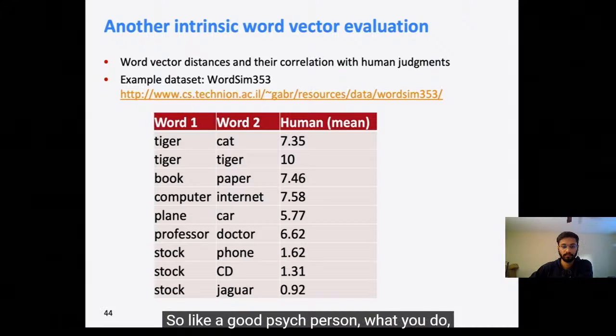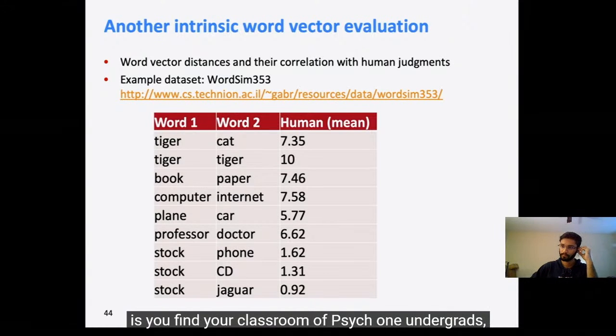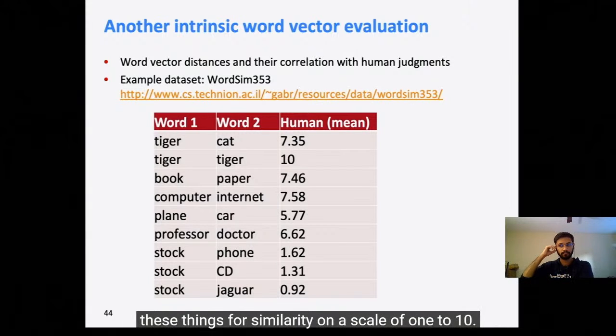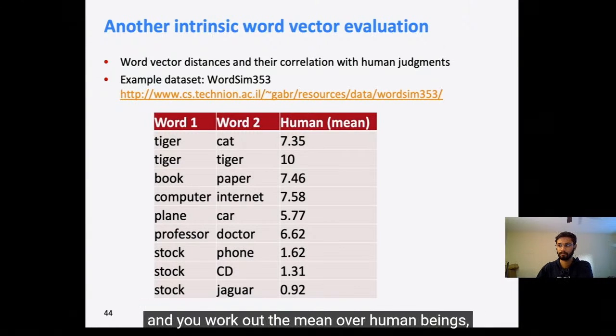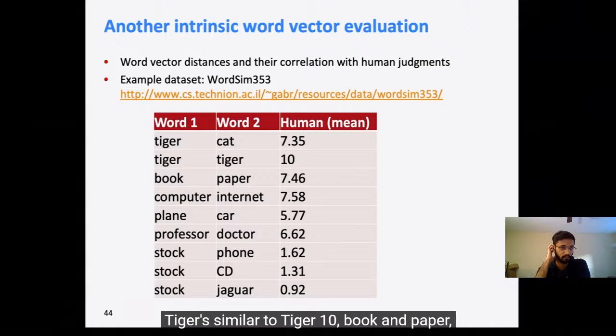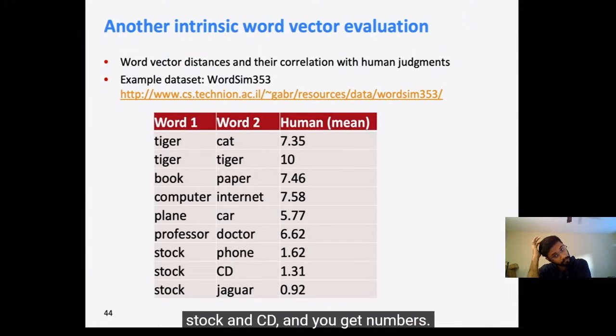So like a good psych person, you find your classroom of Psych 1 undergrads and you show them pairs of words and say, rate these things for similarity on a scale of 1 to 10. And lots of that data has been collected, and you work out the mean over human beings, and they give numbers like this: tiger and cat 7.35, tiger and tiger 10, book and paper, plane and car, stock and phone, stock and CD, and you get numbers.